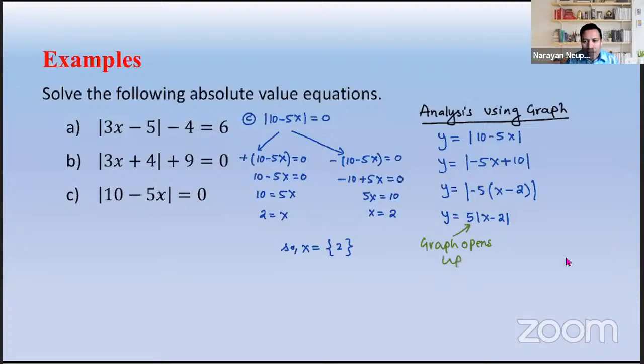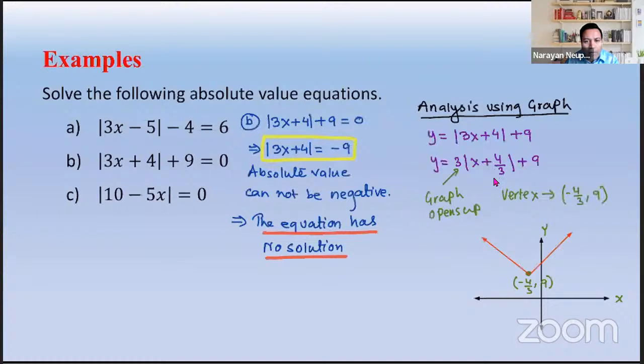Okay, next thing, if you think of the vertex here, let me show you how we have been writing the vertex. While writing the vertex, we used to write this number after x by changing the sign. Look at this screen. It is positive 4/3, we write negative 4/3. And whatever number is there after the absolute value, look here, where the absolute value closes, we used to write here.